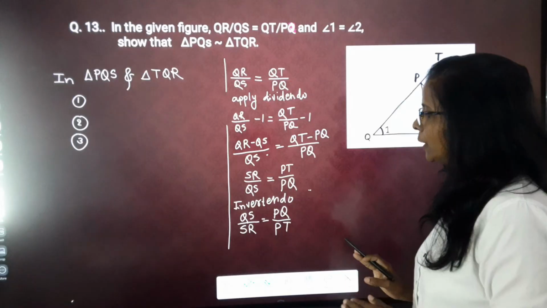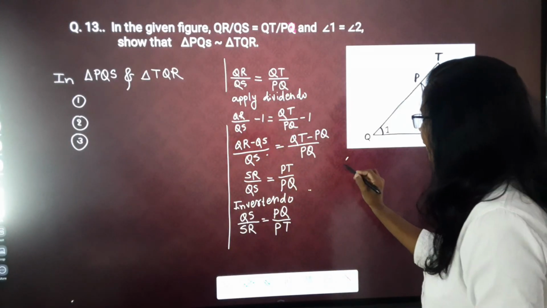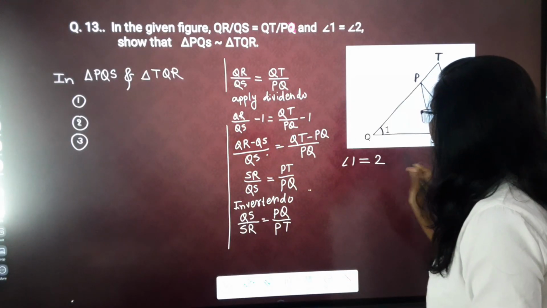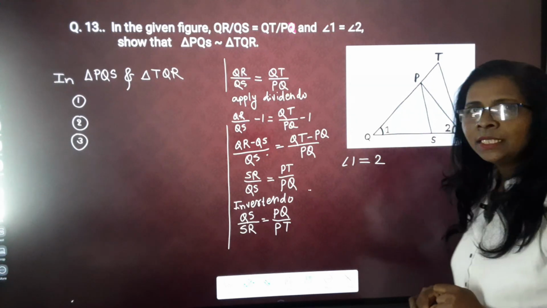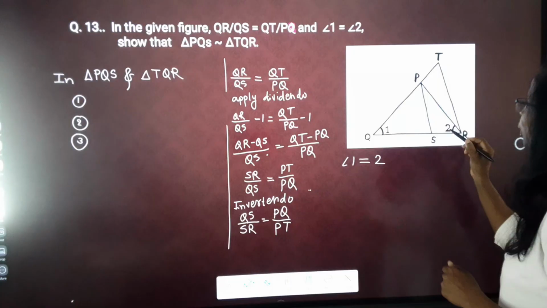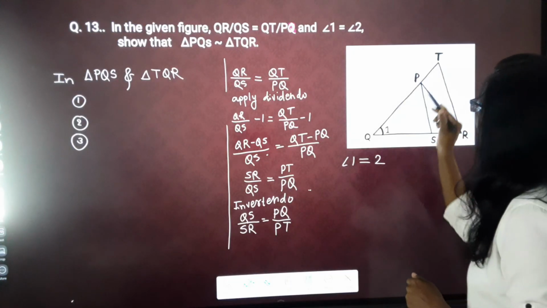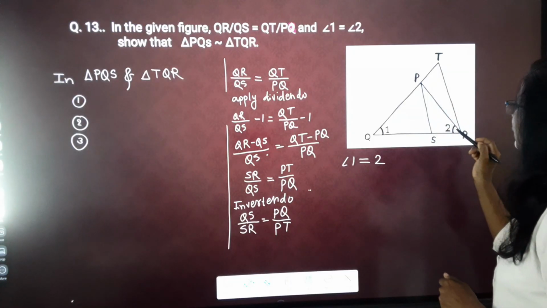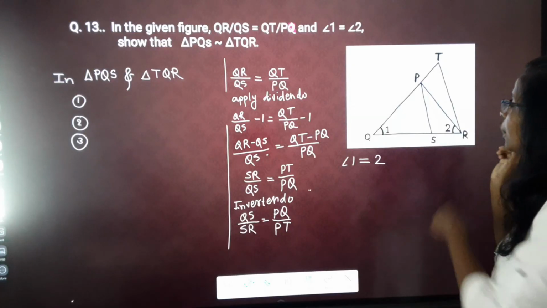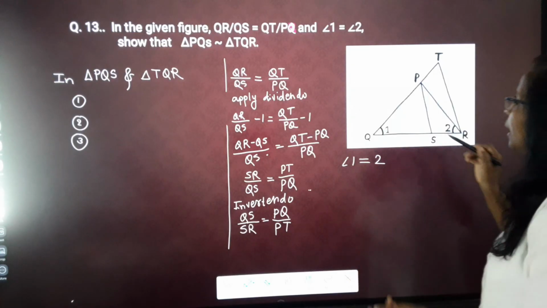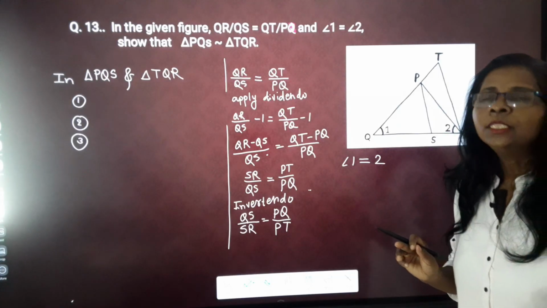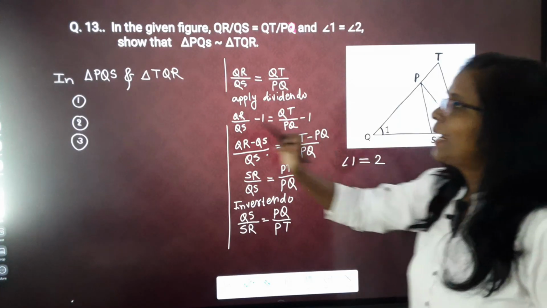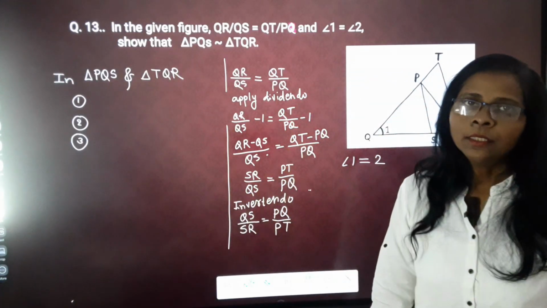So now, as well as the given, angle 1 is equal to angle 2. The angle 1 is in triangle PQS, and the angle 2 is in the biggest triangle, but we say that angle 1 is common in both the triangles, triangle PQS and triangle TQR.